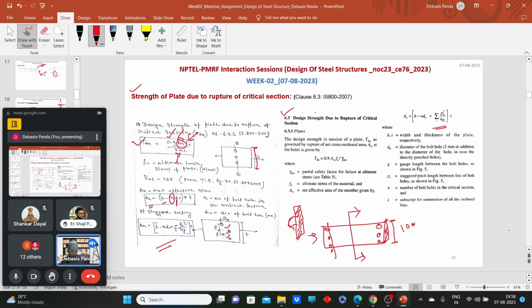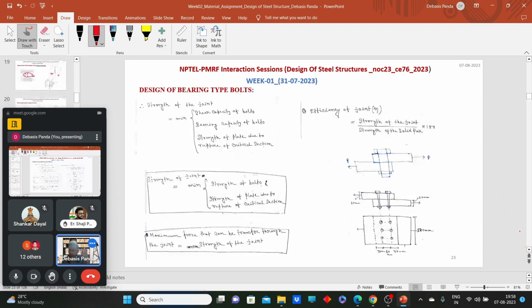Okay, now what we have understood, first, now consider this joint. We understand the shear capacity of the bolt, bearing capacity of the bolt. From that we can understand what will be the strength of the bolt. Strength of the bolt will be minimum of the shear capacity and bearing capacity.